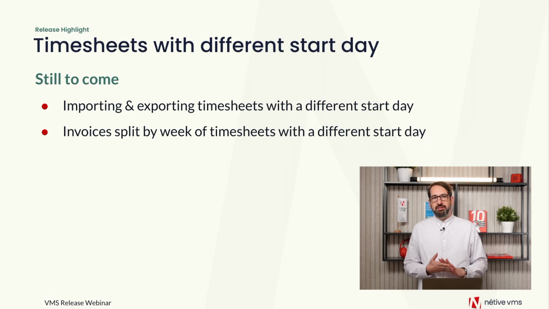This is not a problem if you use invoices that are not split by week, but just by date ranges, for instance. That will always work correctly. It's just that the split by week is defined in the invoicing still as starting on a Monday, and that's something we did not change yet.